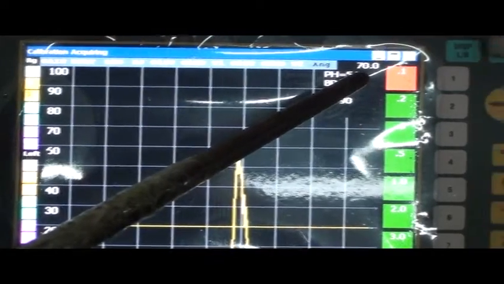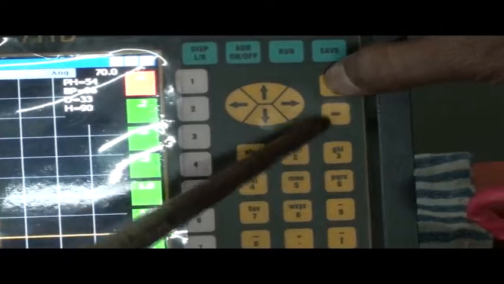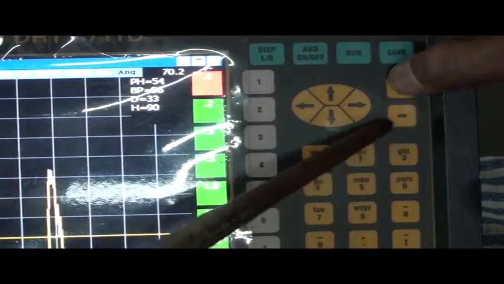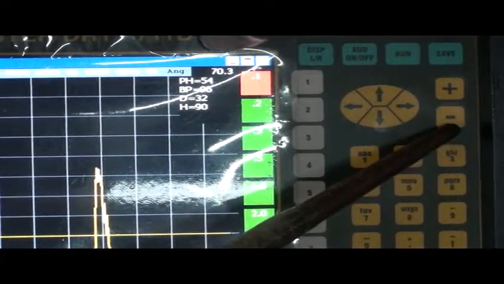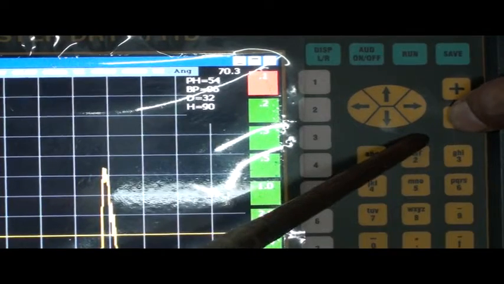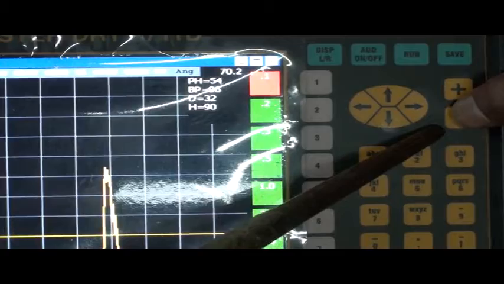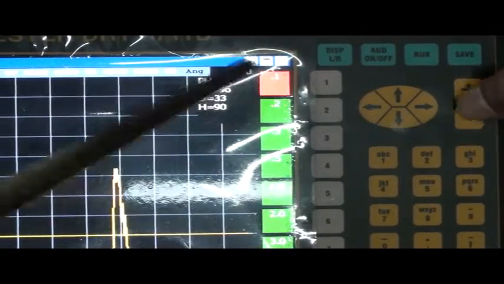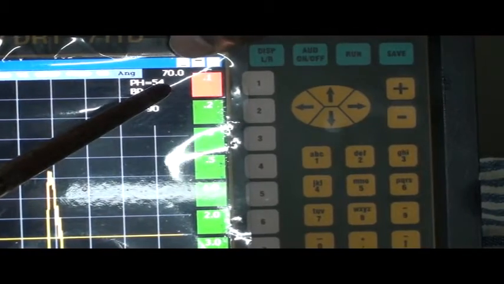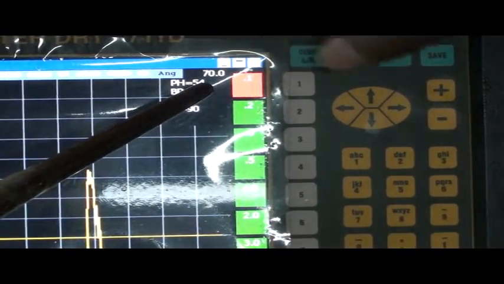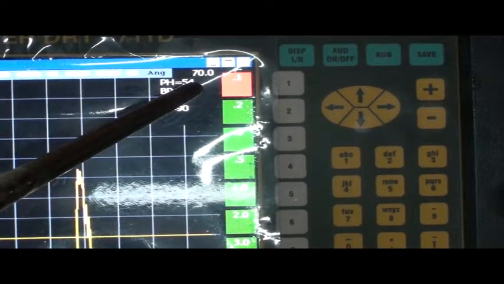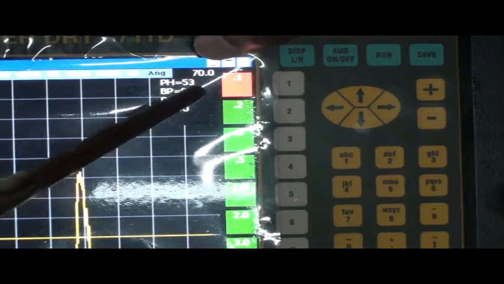If it is not 70, then from here we have to make it 70, either by increasing or decreasing. Now it is 70.3, so we have to make it exactly 70. Now it is becoming 70, so we have converted it from this plus and minus to 70 degree. Whatever probe we are using, we have to change the angle accordingly.